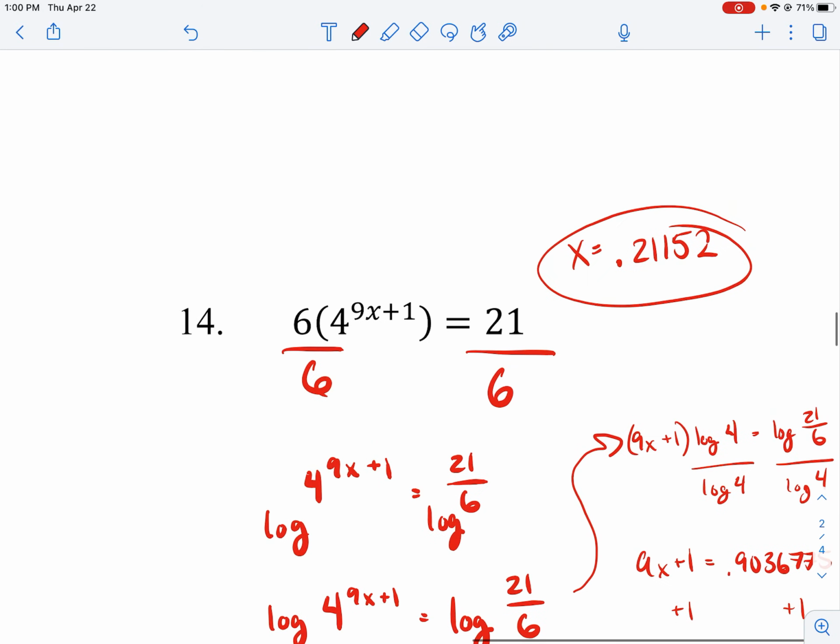Okay, so if you want to check it, plug that value in for x. All right, let's see if this makes sense. 4 raised to the 9 times our second answer plus 1.